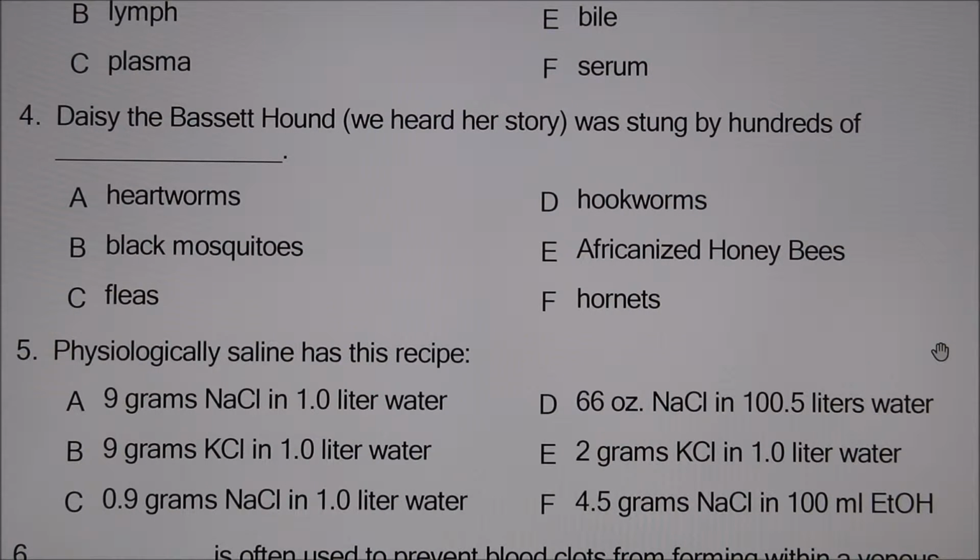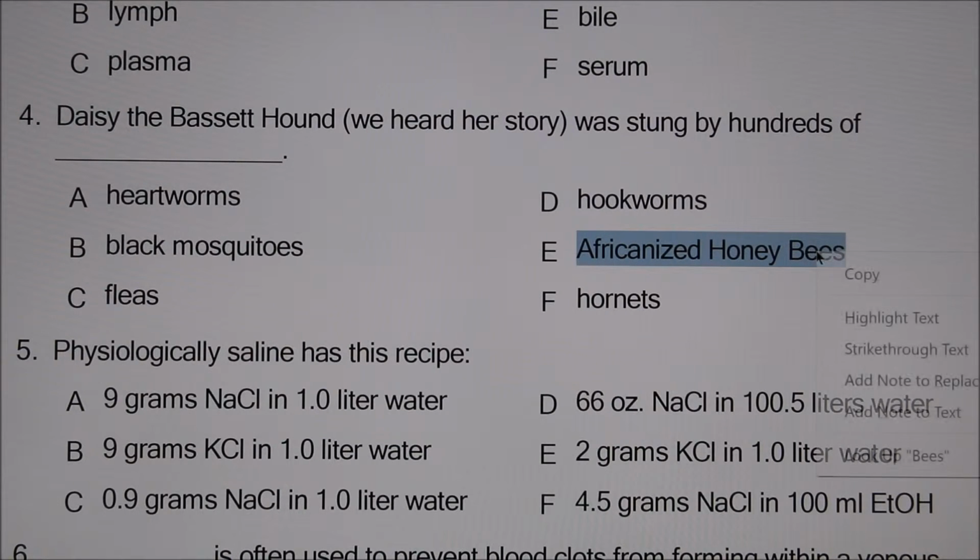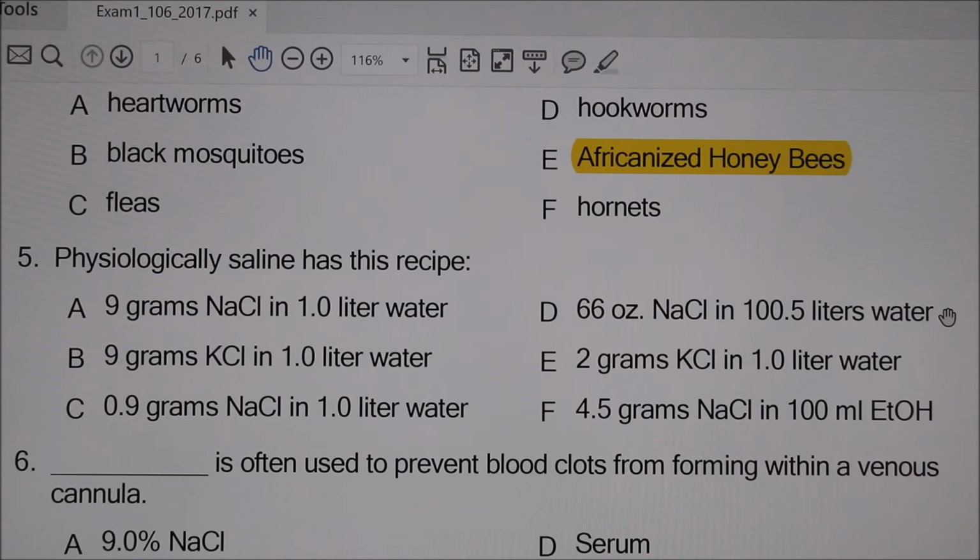If you remember that story, and we're going to have her tell it again on a videotape, but the poor dog's ears fell off because of necrotic tissue, and she was very lucky to live as long as she did after that episode. God bless Daisy.